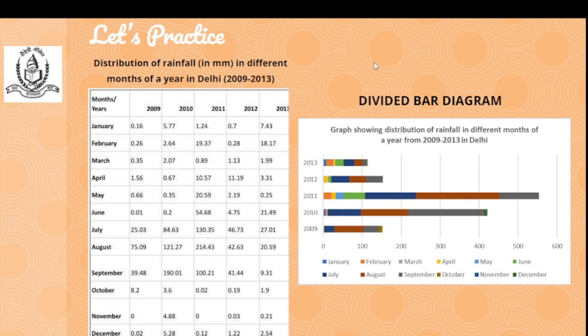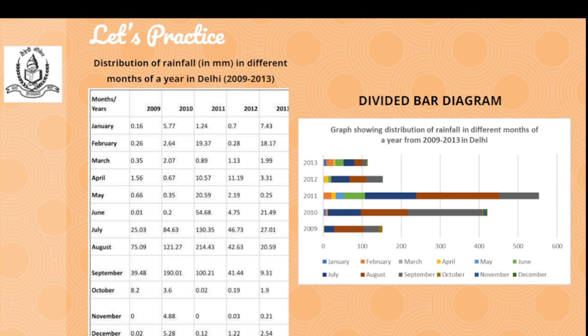So in this bar diagram, on the vertical axis, the various categories of data or the variable are represented, and on the x-axis or the horizontal axis, the values of each variable are represented, that is the rainfall in millimeters.